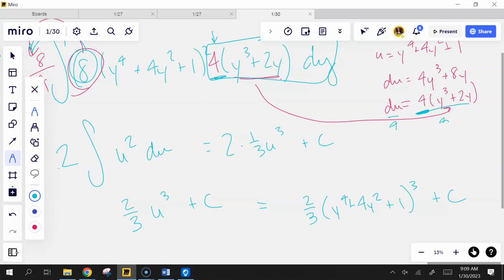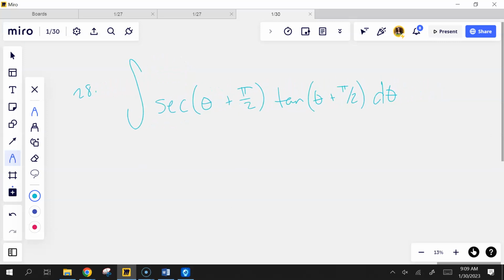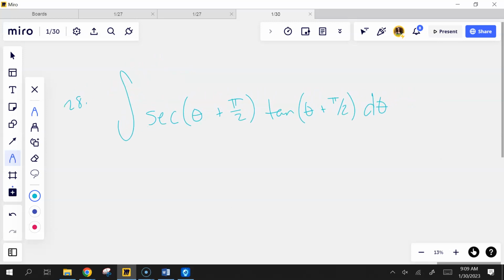24. This is the last one. Shoot a monkey.